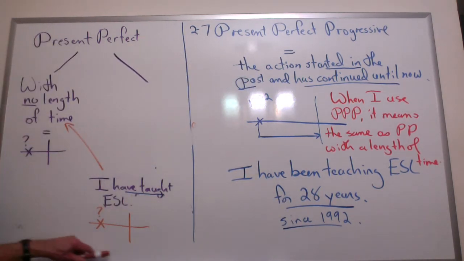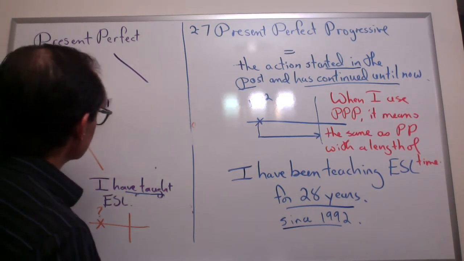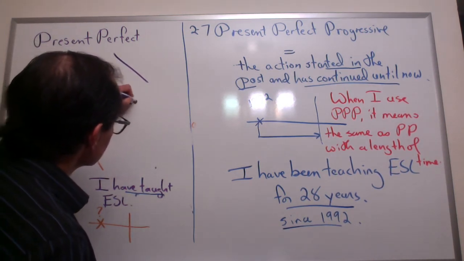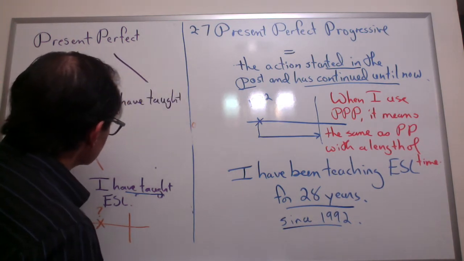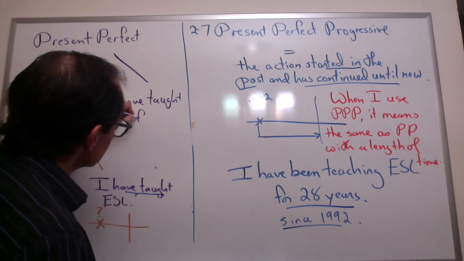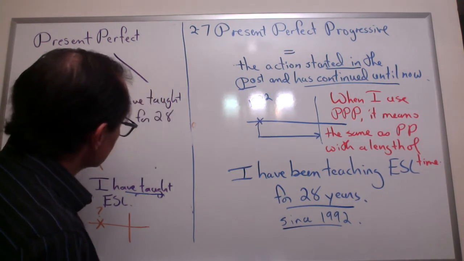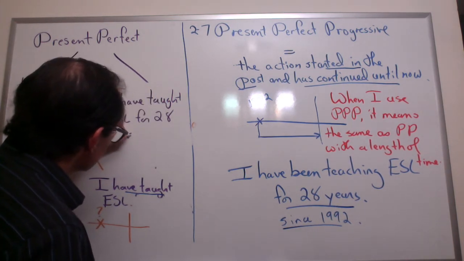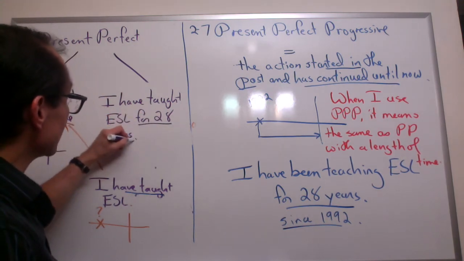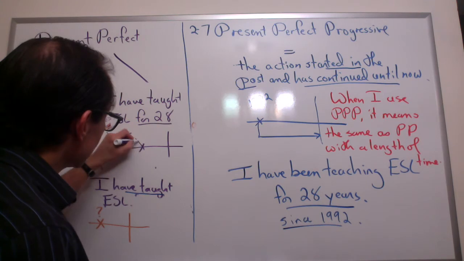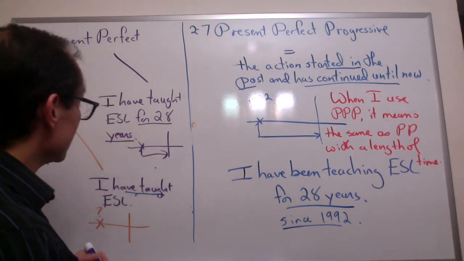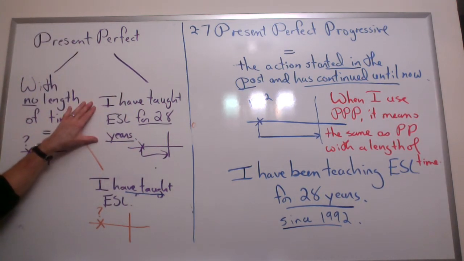Let's draw these two together. If I say, I have taught ESL for 28 years, here I have a length of time. And this means it started in the past and it has continued until now. In this sentence, I am still teaching ESL now.